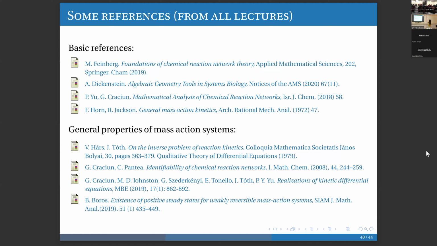I have a lot of references here. The first is just a bunch of basic references for anyone who's interested in learning more about reaction networks. The second block is about some references that I mentioned when I was giving the general properties, when I talked about whether all polynomial systems of this form can come from a reaction network, and the existence of positive steady states, so whether a system is consistent.